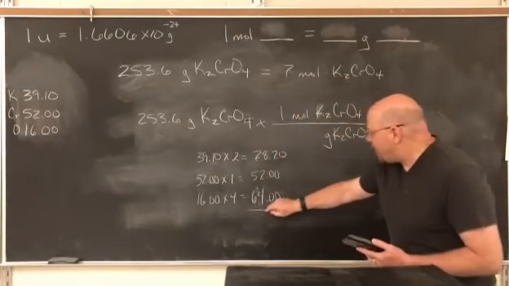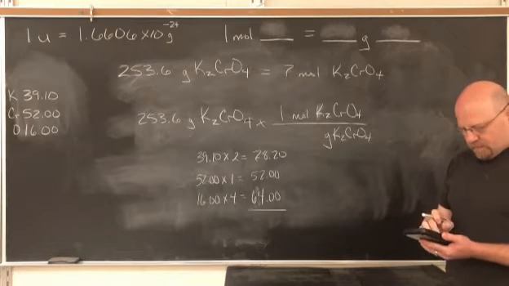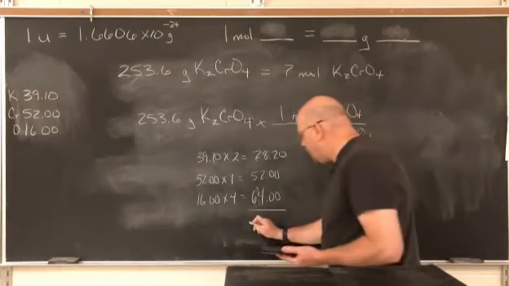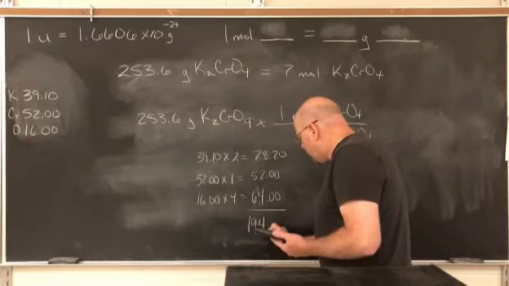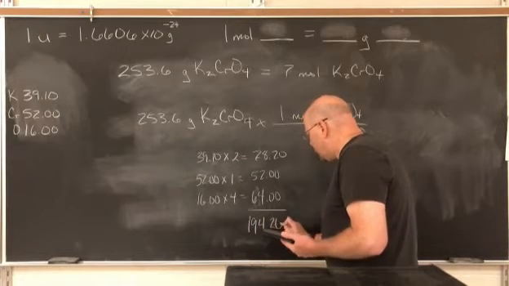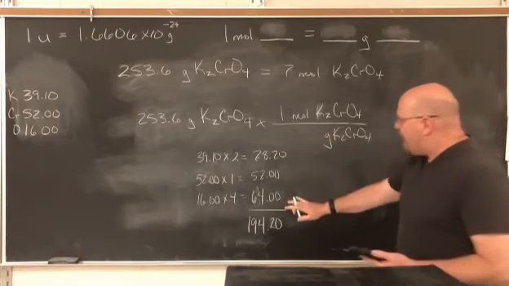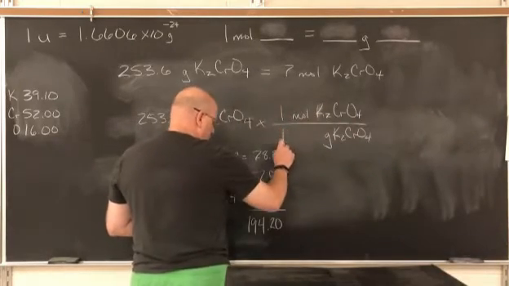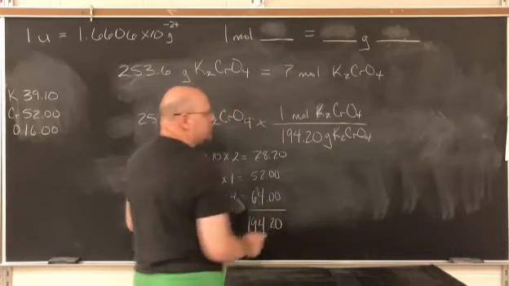If we add those up now, we're going to get 194.20 for our mass, and that is what we would enter here for our mass of potassium chromate.